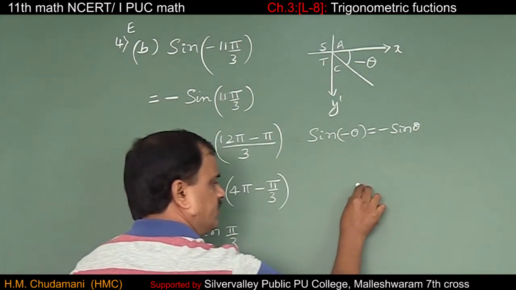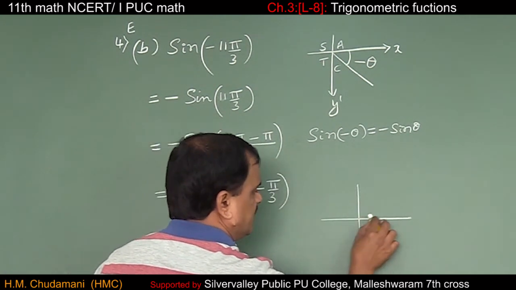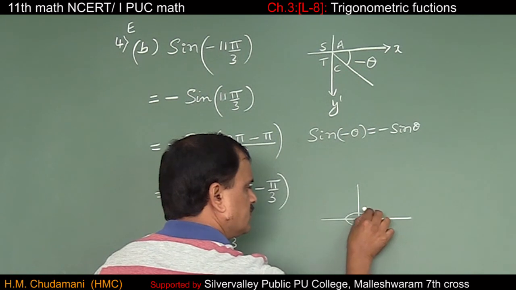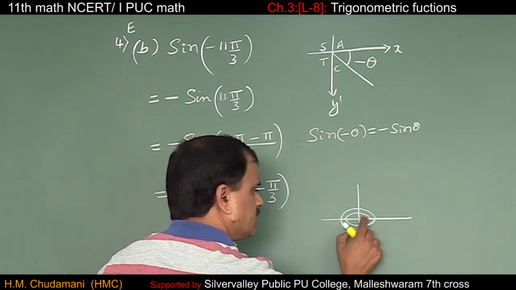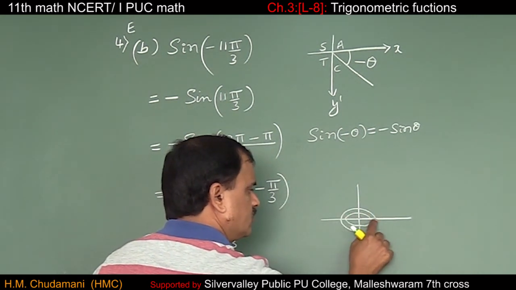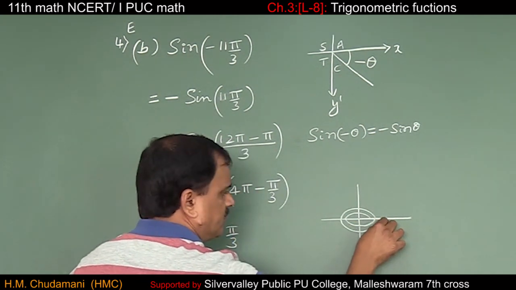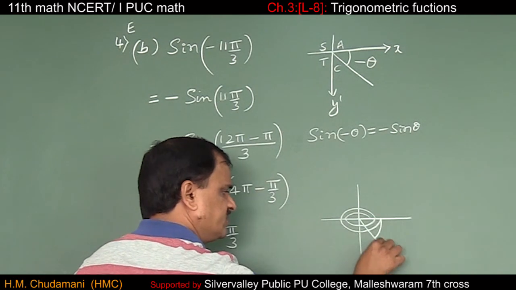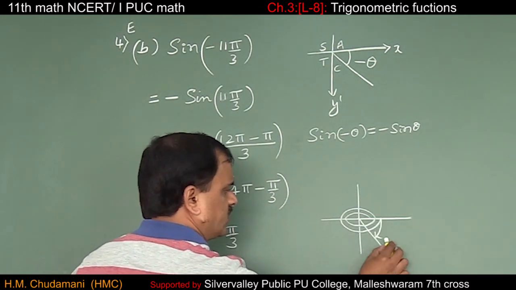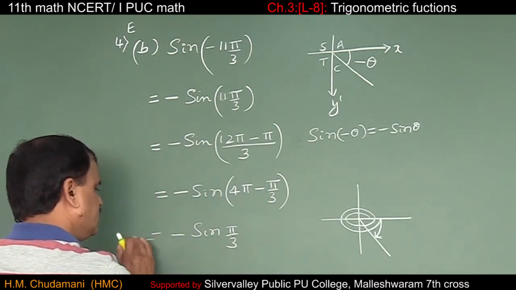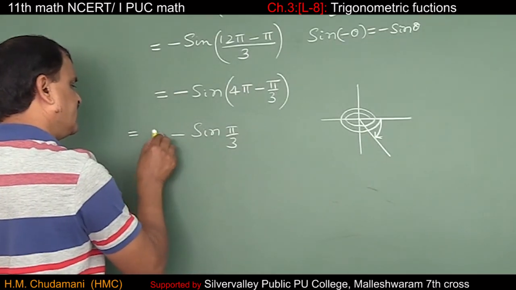Positive or negative? See, pi, 2 pi, 3 pi, 4 pi minus pi by 3 lies in the fourth quadrant, and in the fourth quadrant sine is negative. So already we have a negative sign.